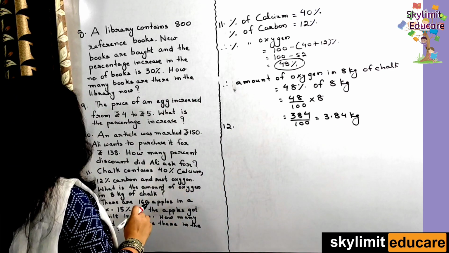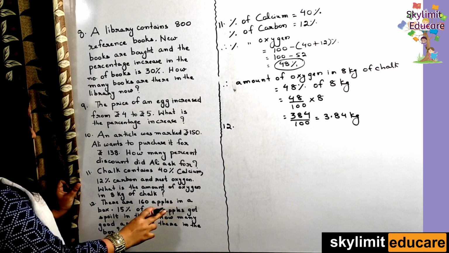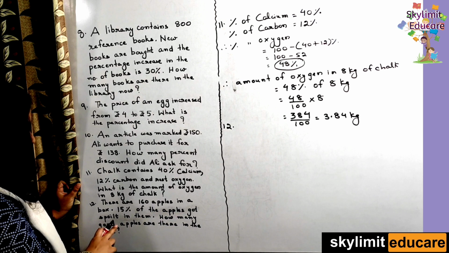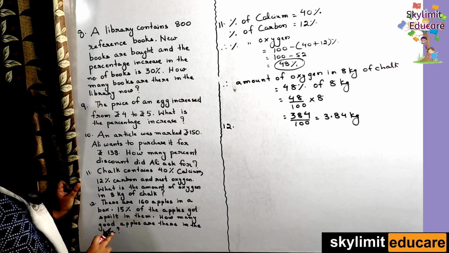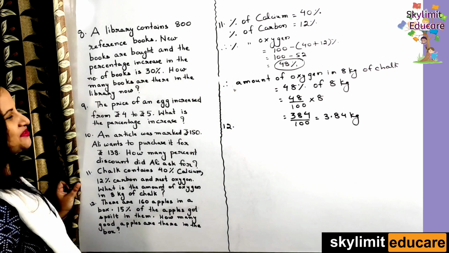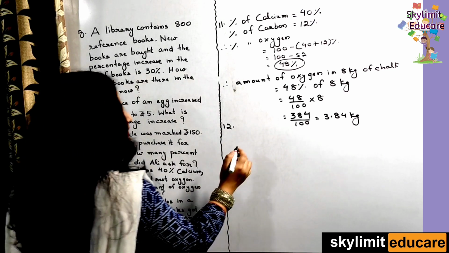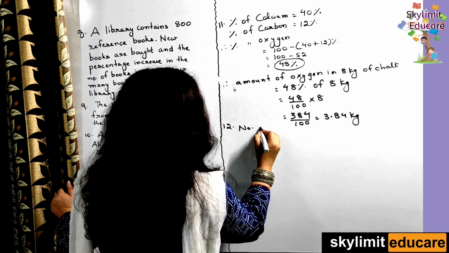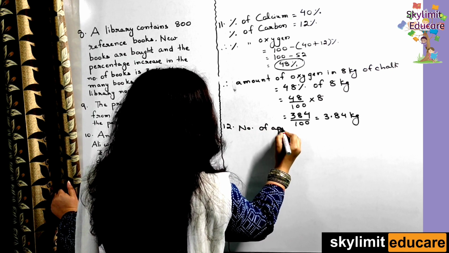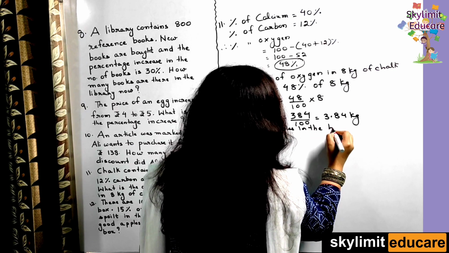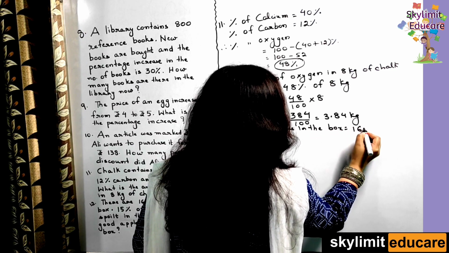There are 160 apples in a box. Okay, 15% of the apples got spoiled. How many good apples are there in the box? So how many apples are there in total? 160. So number of apples in the box is 160.